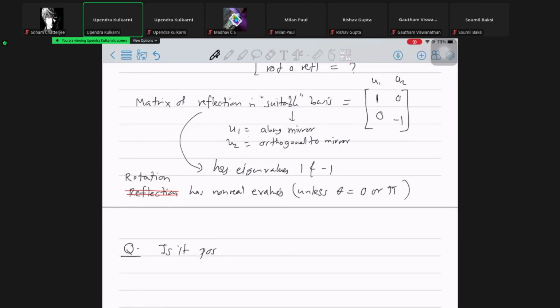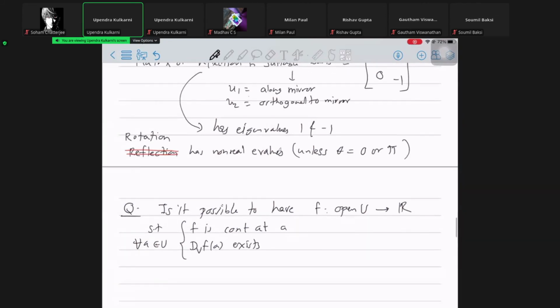Is it possible to have f defined on an open set U, real valued is okay, such that f is continuous, and for all a in U, the directional derivative D_v f at a exists and is equal to the summation of lambda_i times the partial derivative D_i f at a, where v is the sum of lambda_i e_i.